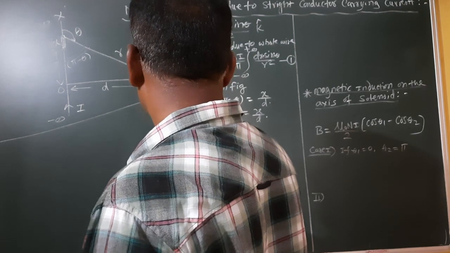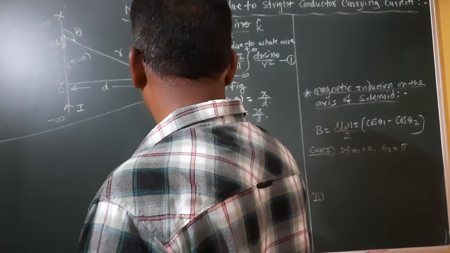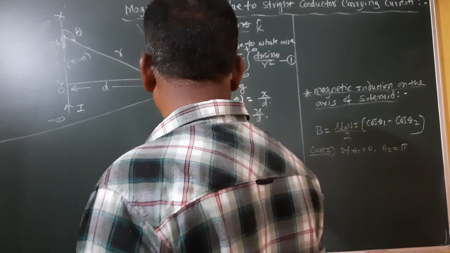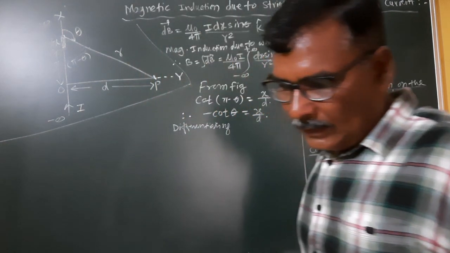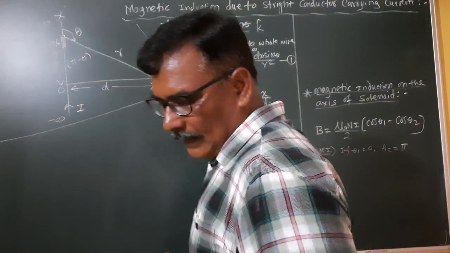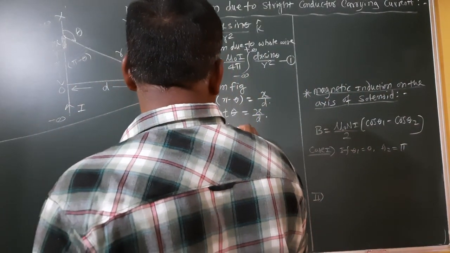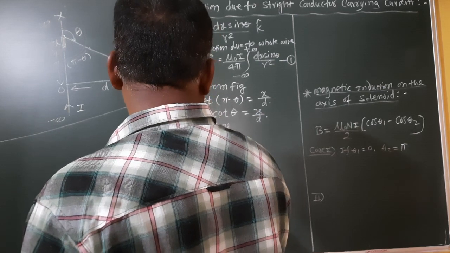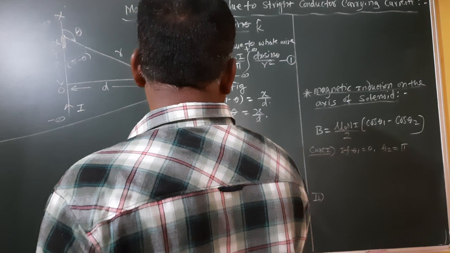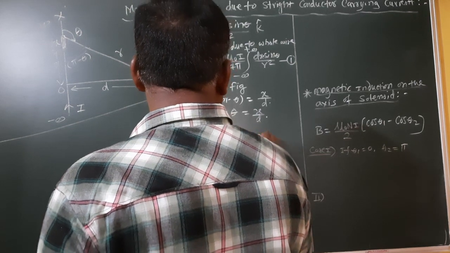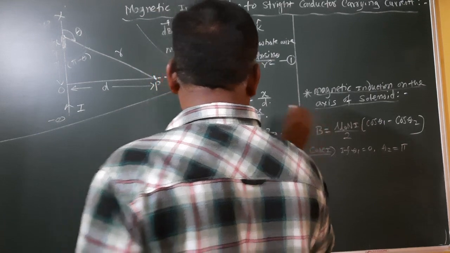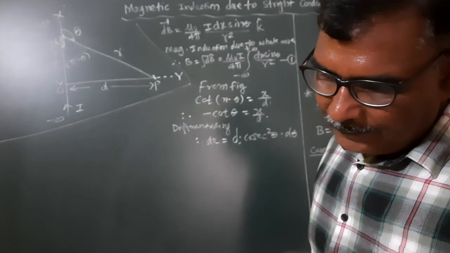Differentiating, the derivative of cot is minus cosec square theta, and then this can be written as dx equals d into cosec square theta into d theta.